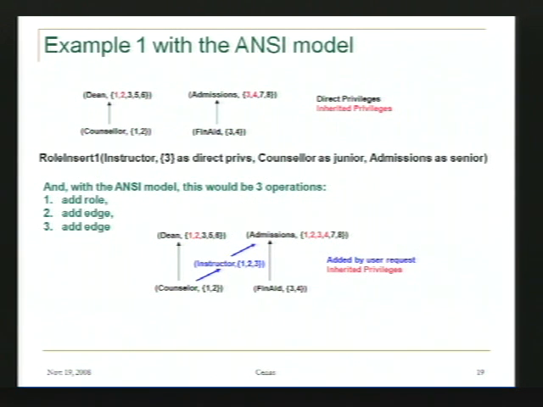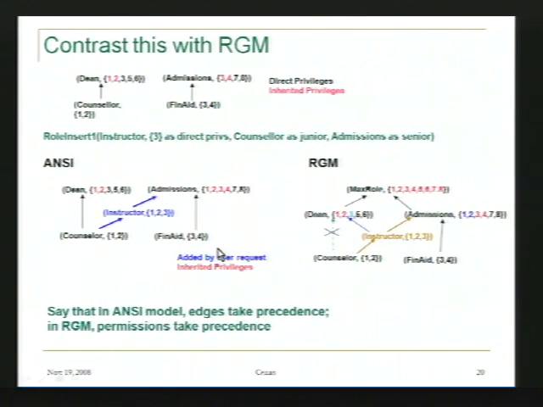And so you end up with this role hierarchy. And so we would have put an edge in here, right? So here's the contrast. And so we can say then that the ANSI model could be described as edges take precedence, whereas our model could be described as permissions take precedence.